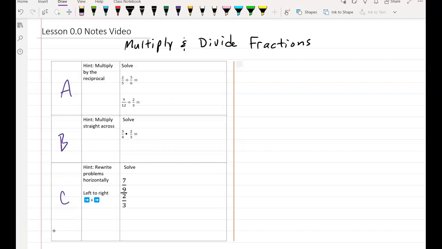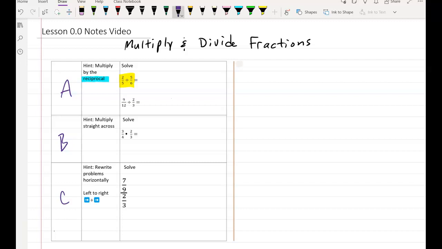Now, our very first problem is right here, and it is we're going to divide 2/5 by 5/6. Now, when we divide fractions, the thing you've got to know is that you're actually going to be multiplying by the reciprocal. You might be asking yourself, well, what the heck is a reciprocal? Well, let me lay it on you.